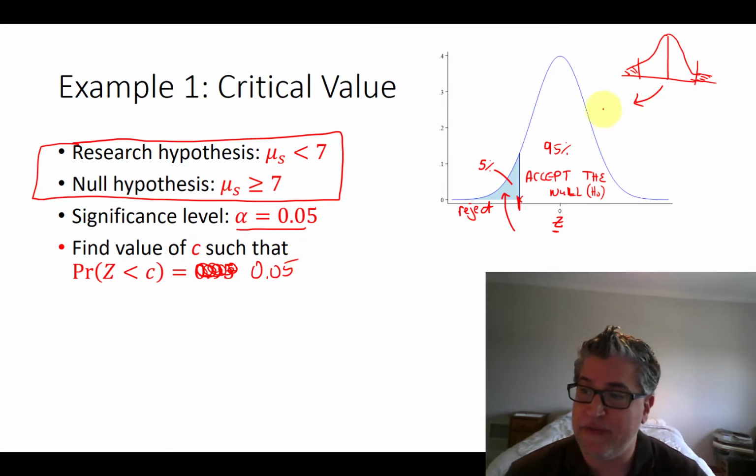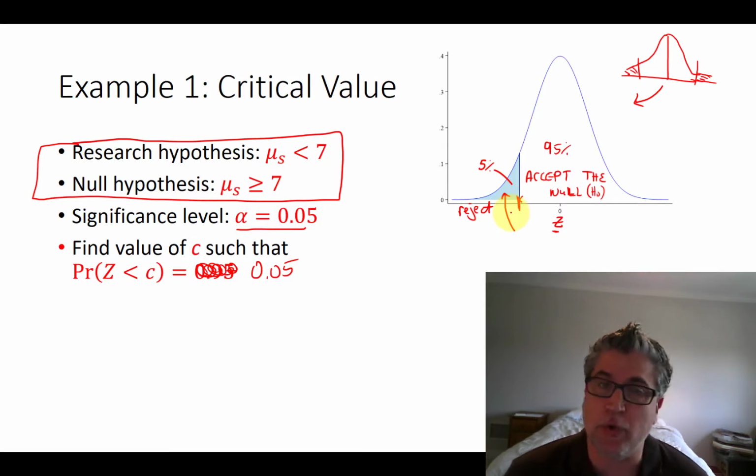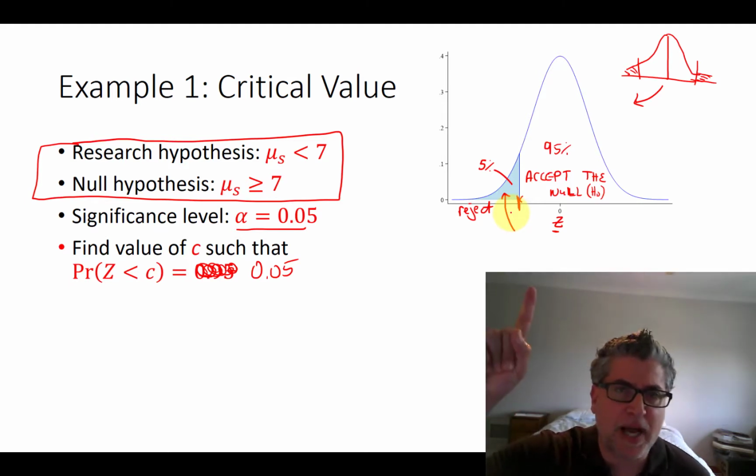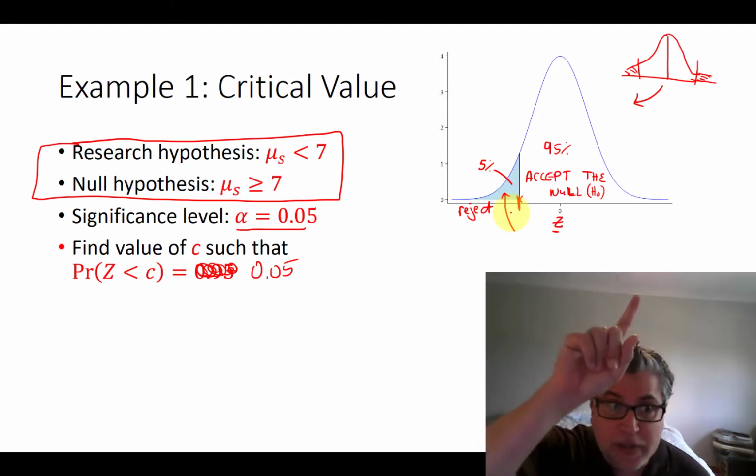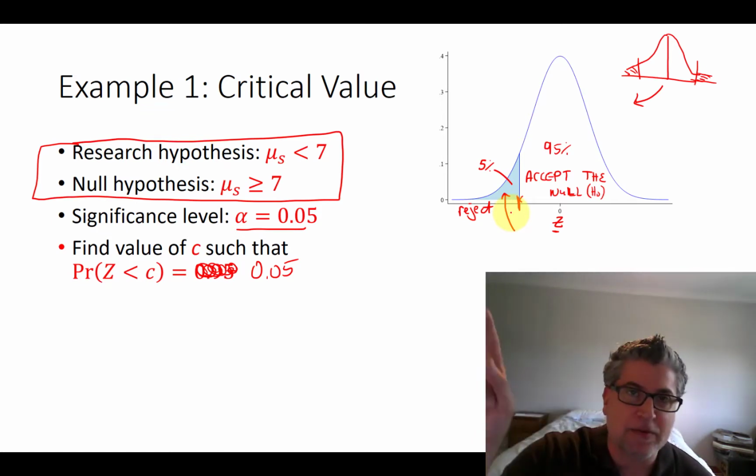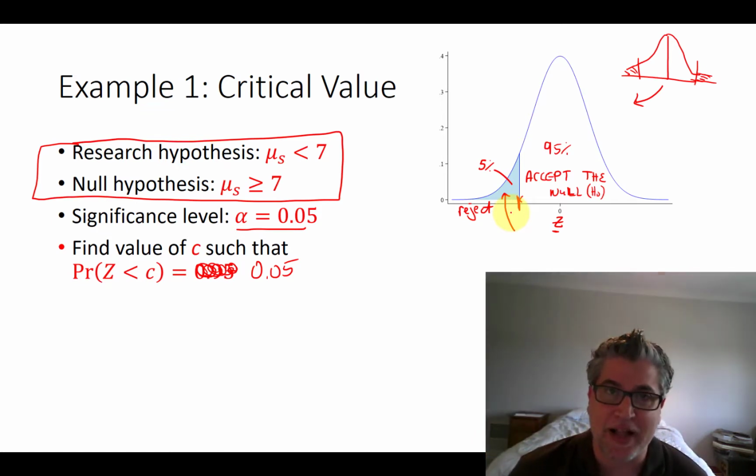Right? We want 5% to the left. So we can just look at our normal z tables, or we can use Excel like we normally do.